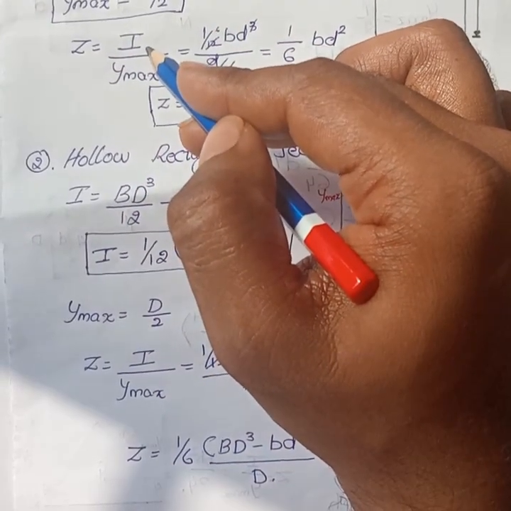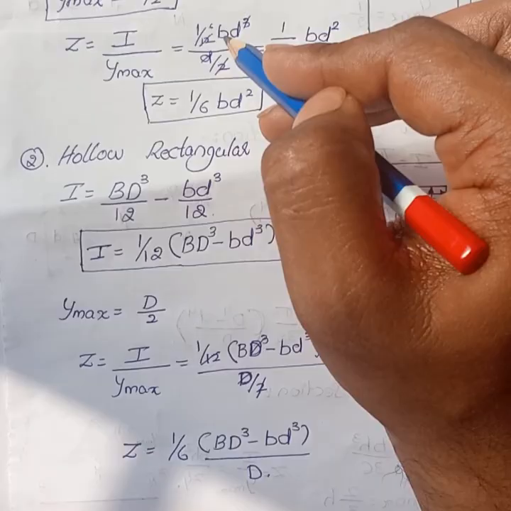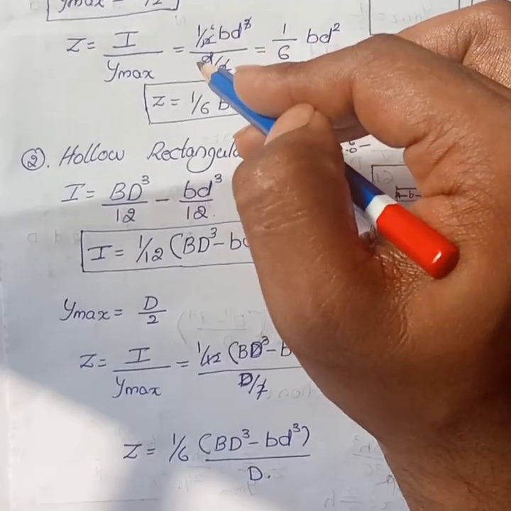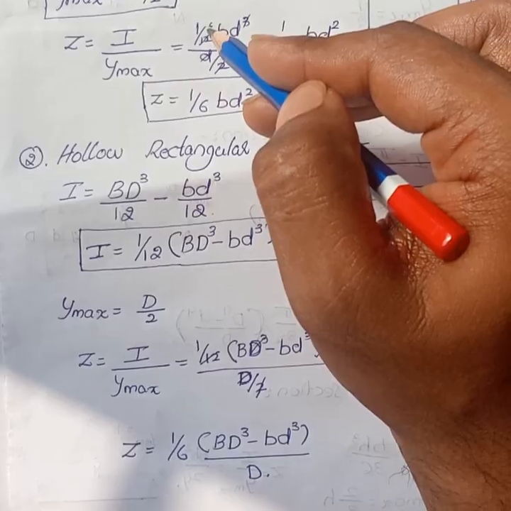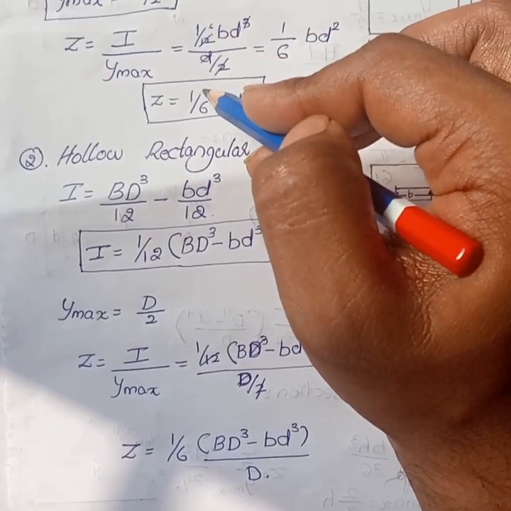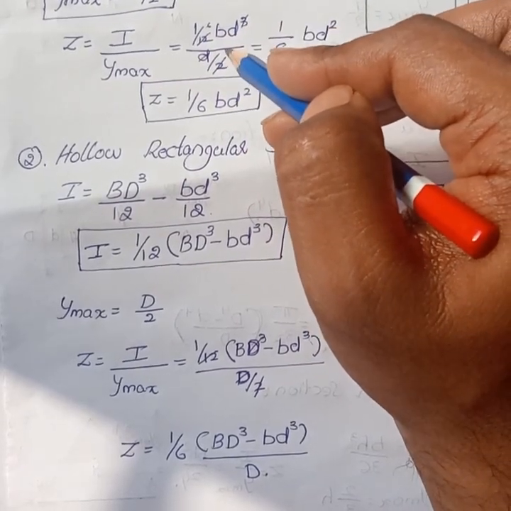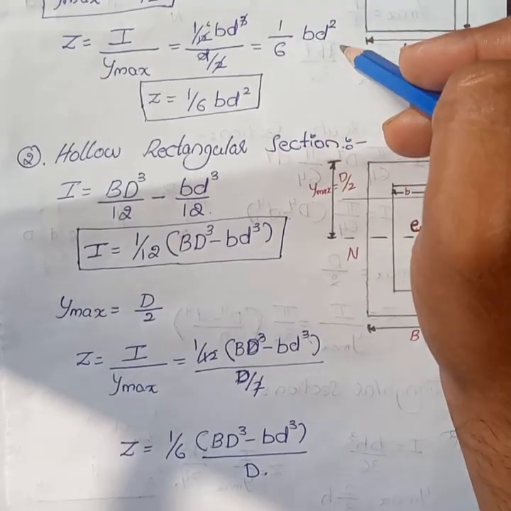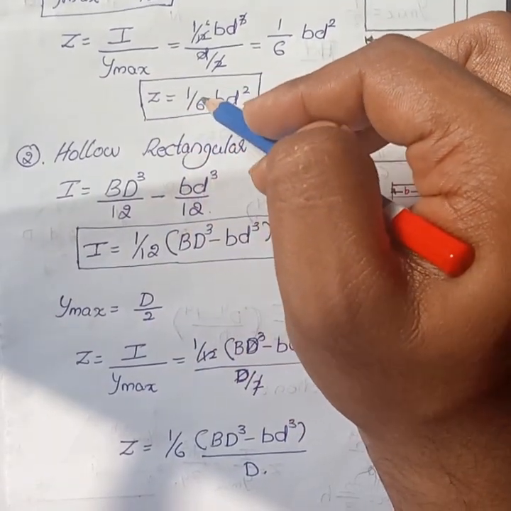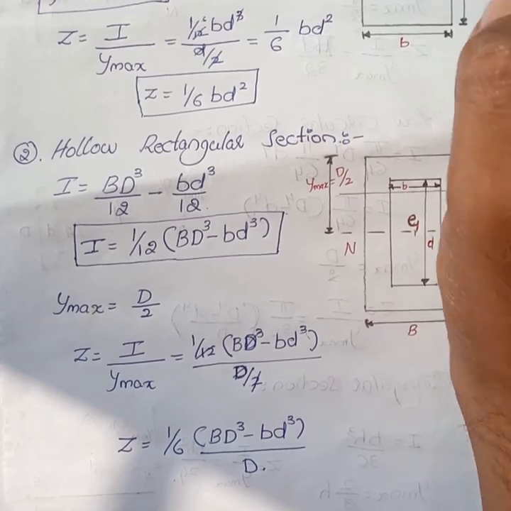So I, which is our 1/12 BD cube, divided by D by 2, Y max. So 2 ones are 2, 6 are, and 1 D gets cancelled here, and 1/6 BD square. So Z equals to 1/6 BD square.